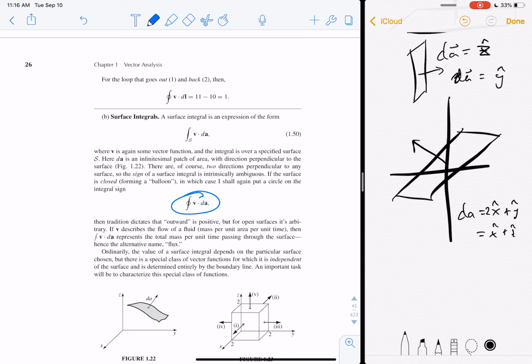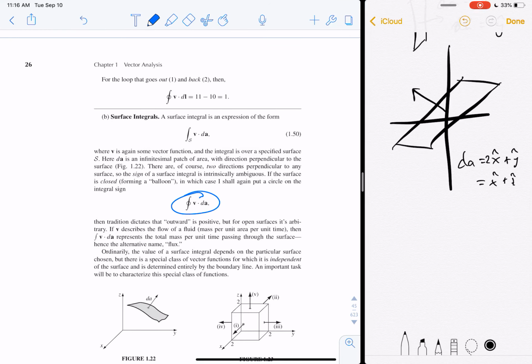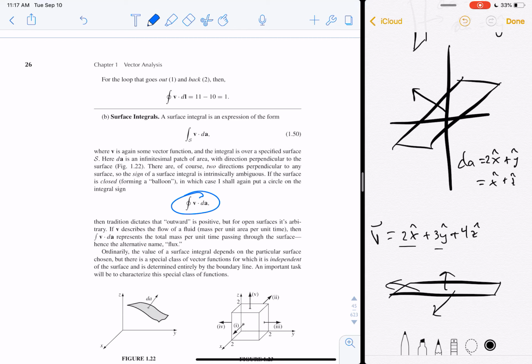So you only care about, say your vector field is 2x hat plus 3y hat plus 4z hat, but your surface area is just in the z direction. Well, the components in the x and y hat direction don't contribute anything to your dot product, so v dotted into dA is just going to be 4z hat dotted into z hat.